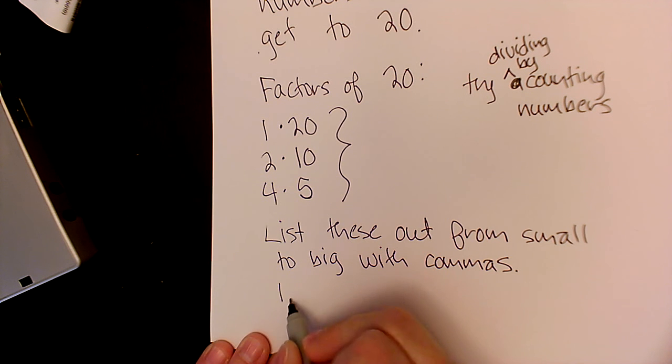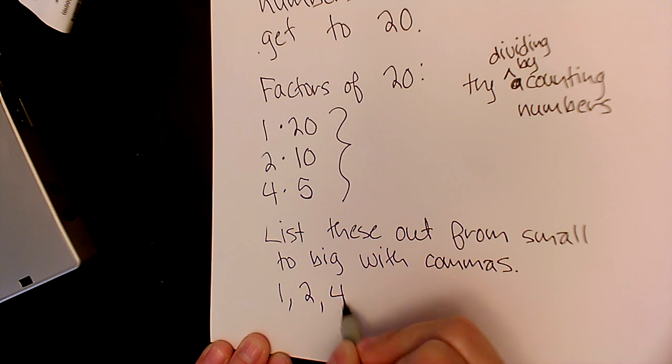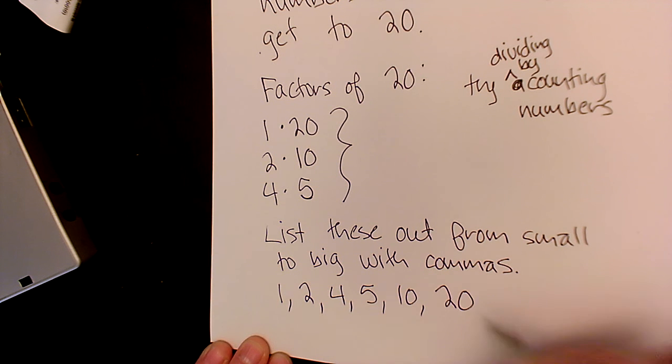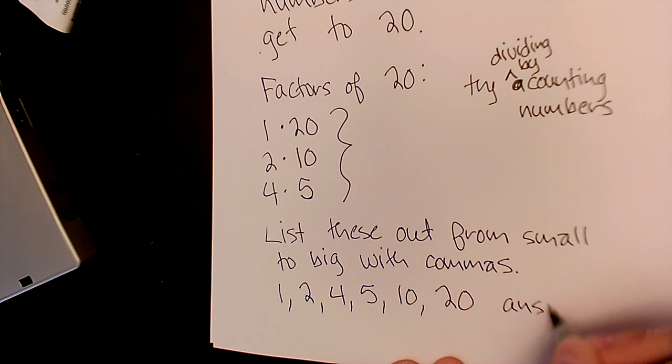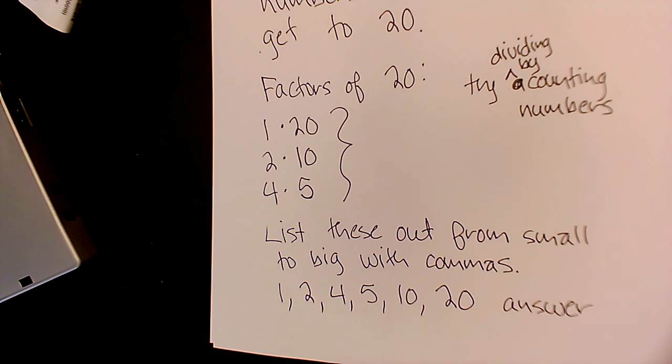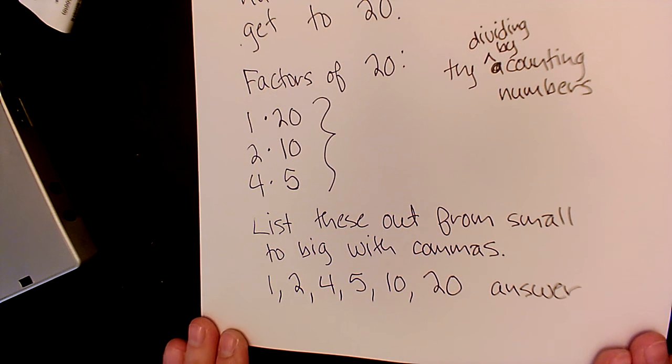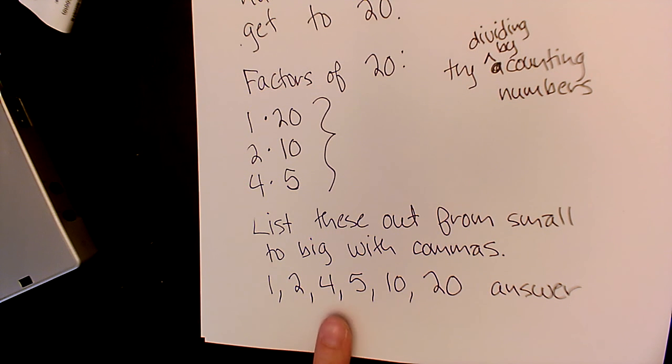Okay, so here are my factors of 20 listed out from small to big: 1, 2, 4, 5, 10, 20, and I am done.